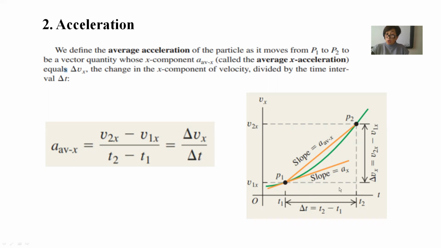Here, delta t is the second time minus the first time, and delta v is the changing velocity in the x direction, the second velocity minus the first velocity.